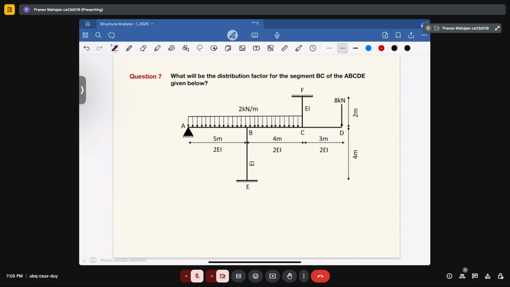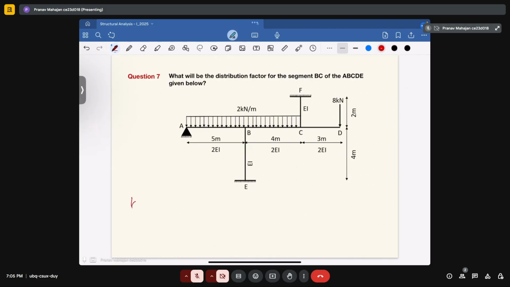In this, your K will come out as KBA, and since the far end is hinged, that will come out as 3EI, and here I is also 2I, so that will be 3 into E into 2I divided by L, that is 5, which will be equal to 6 upon 5 EI. I will write it in decimal form.